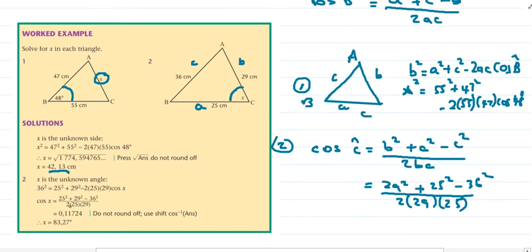If you look at the solution alongside, here we have cos of x, and with the three sides in the calculations, you get a ratio of 0,11724, and we know that we use our shift function to arrive at the angle.